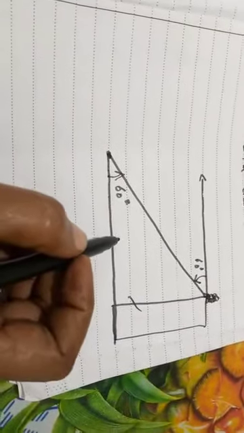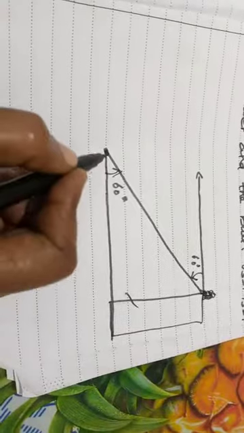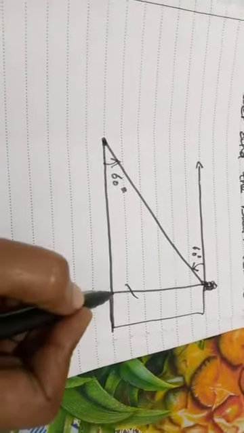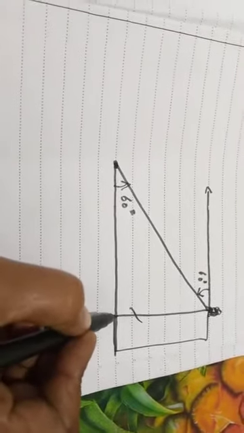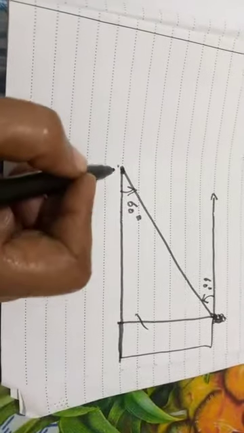We have to find the distance between the foot of the tower and the ball. This distance we have to find.